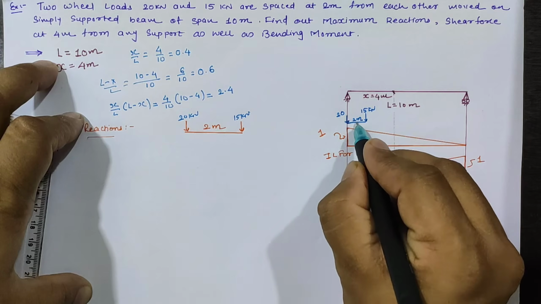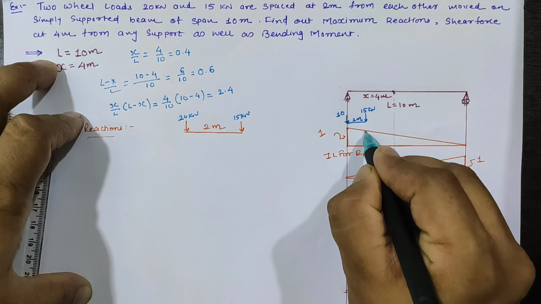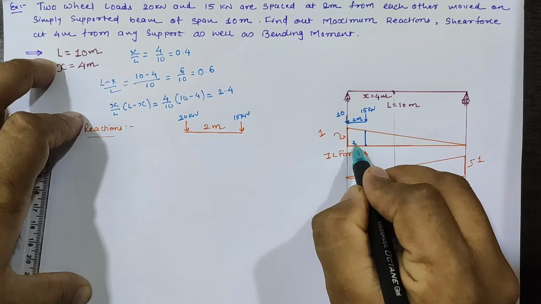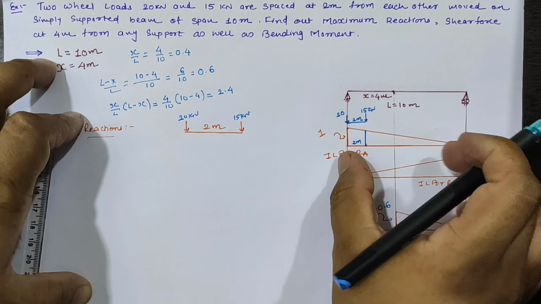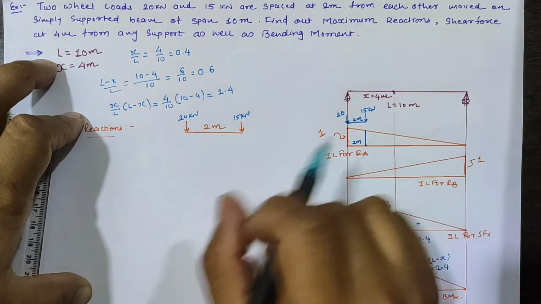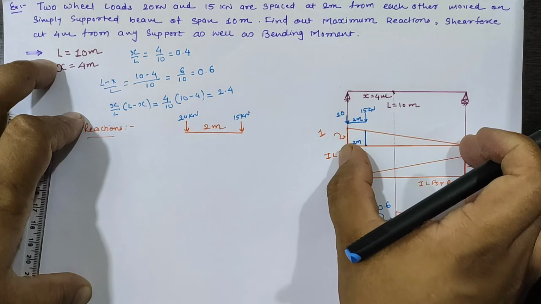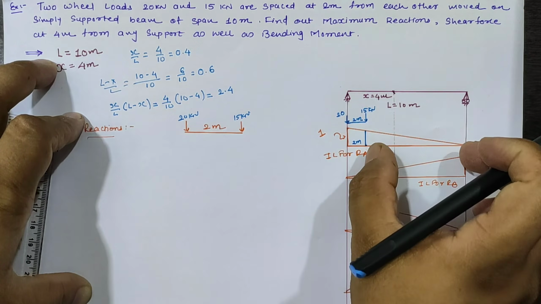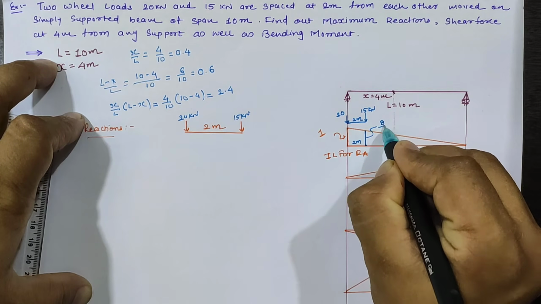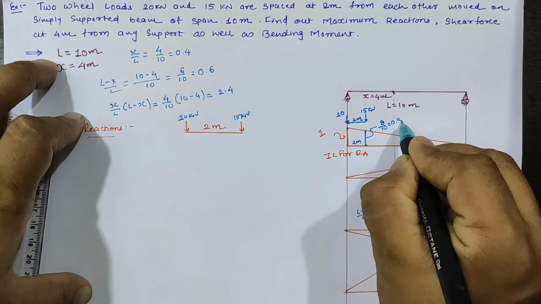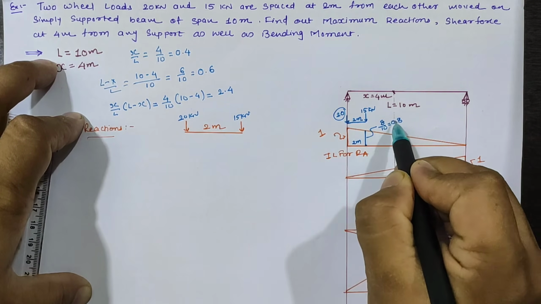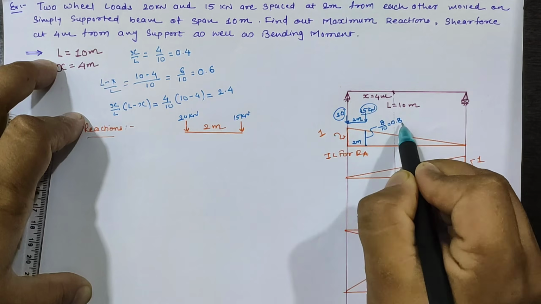Hence under the point of 15 kilonewton, we need the ordinate on RA, where the total length is 10 meter and the distance between the two loads is 2 meter. From the similar triangle rule, if at 10 meter the value is 1, then at a distance of 8 meter the value is 8 by 10, that is 0.8. So the ordinate under the 20 kilonewton load is 1 and under the 15 kilonewton is 0.8.